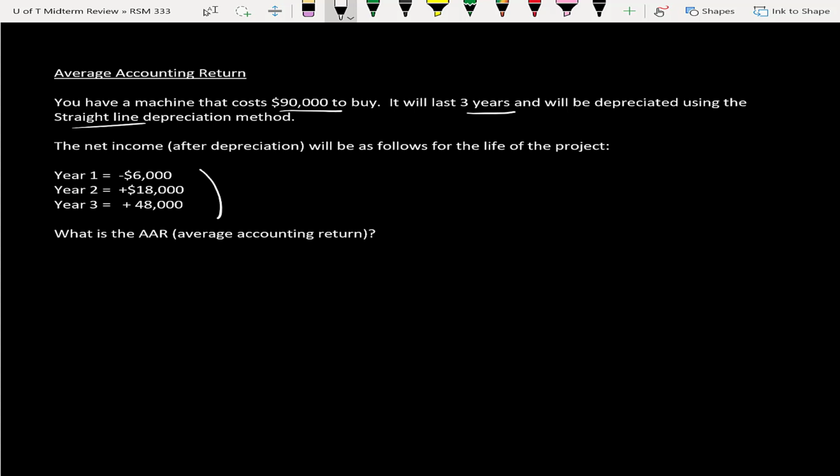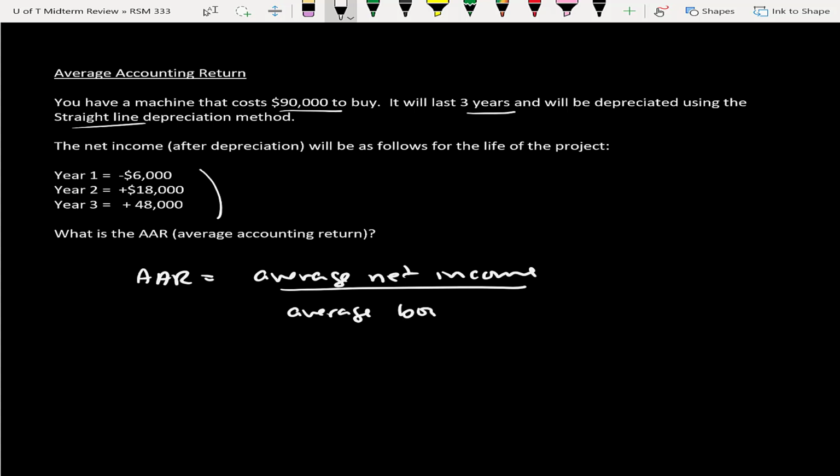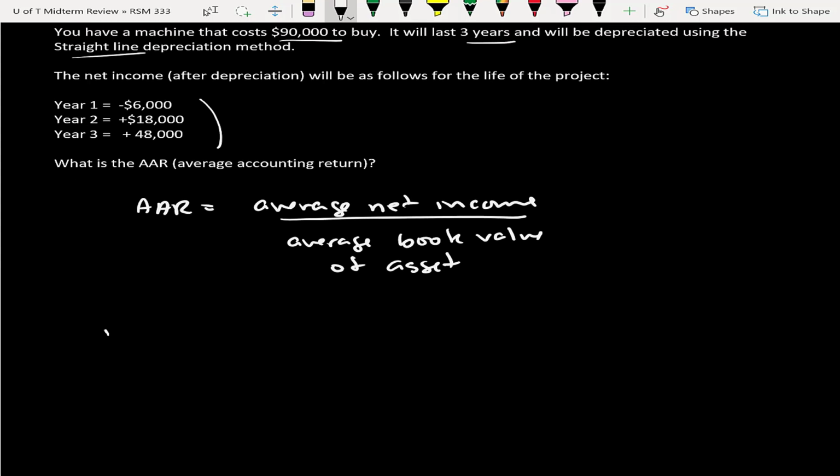So the average accounting return is equal to the average net income divided by the average book value of the asset. Okay, so the average net income is going to be fairly easy to get.